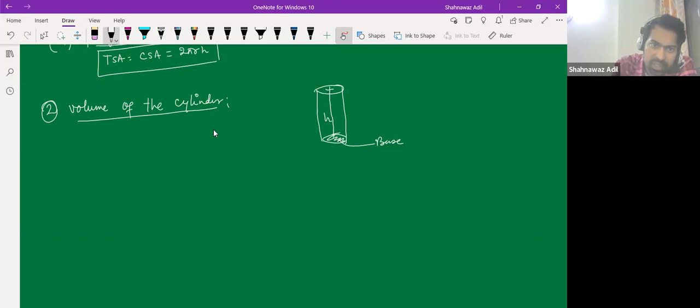So volume of the cylinder is base area into height. So what is the base area? What is this shape? Circle. So base area would be pi r square, and then height is h.